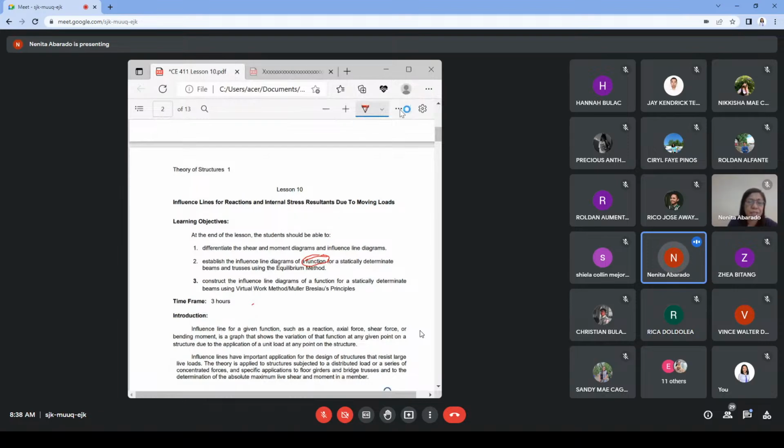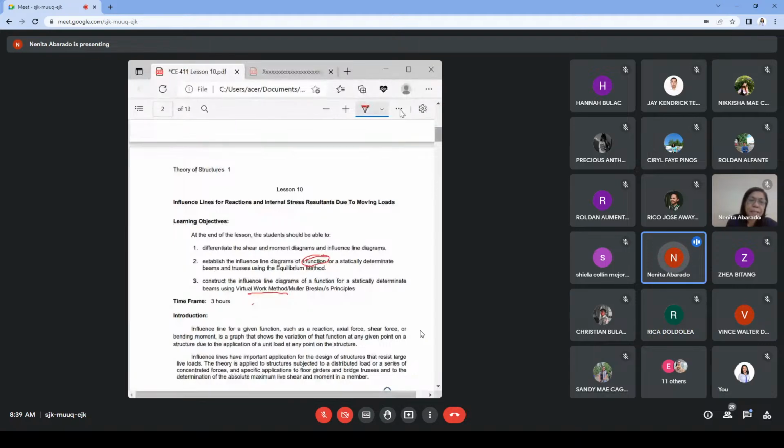Meaning to say that we are going to construct the influence line diagram, let's say for a reaction, for a shear, or for a moment for statically determinate beams using the virtual work method or the Mueller-Breslau principle. So here are the objectives, diba? So those are the objectives.